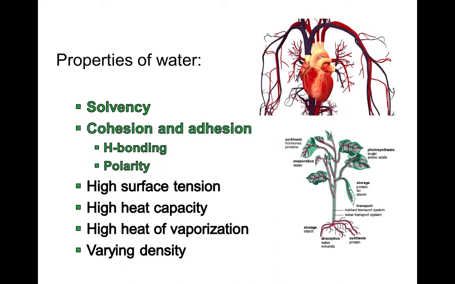Cohesion refers to water molecules' ability to cling to each other. Water molecules stick together. This is due to the hydrogen bonding. Adhesion, in turn, refers to the fact that water molecules cling to other polar surfaces. This is because of water's polarity.